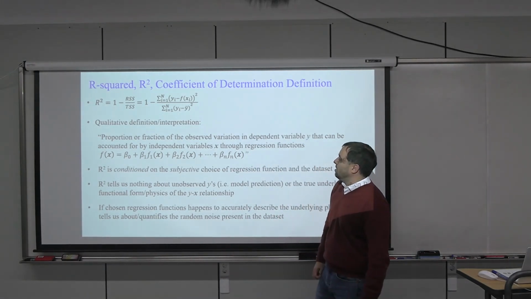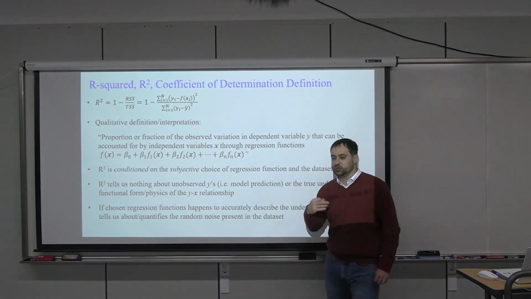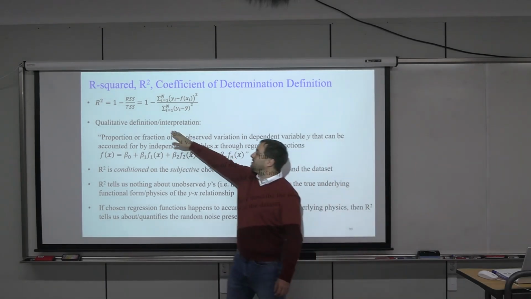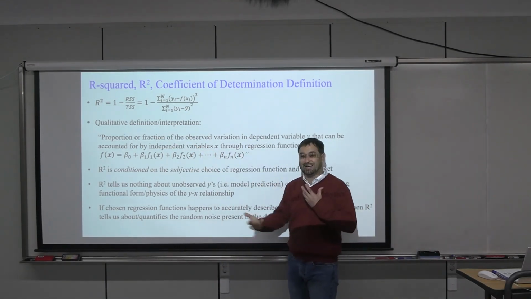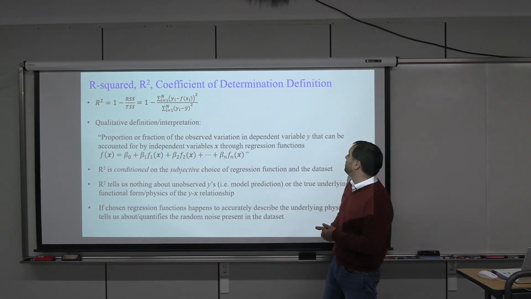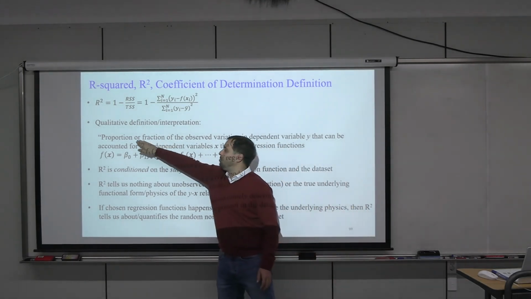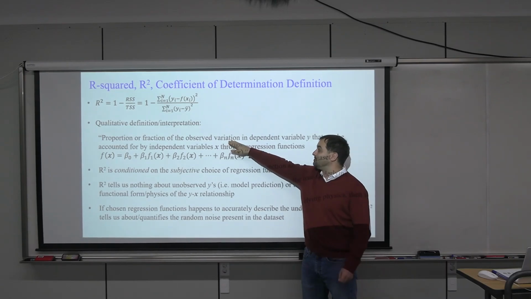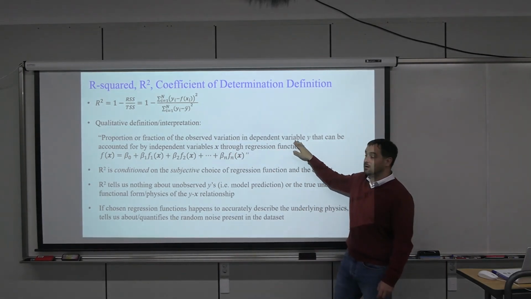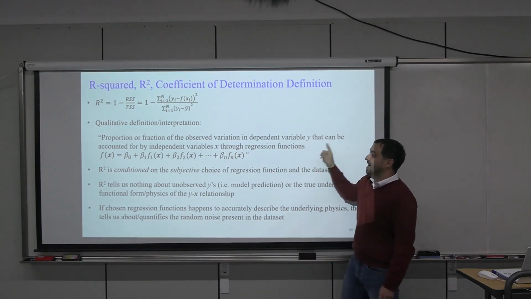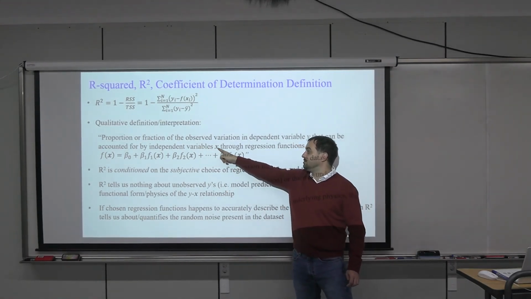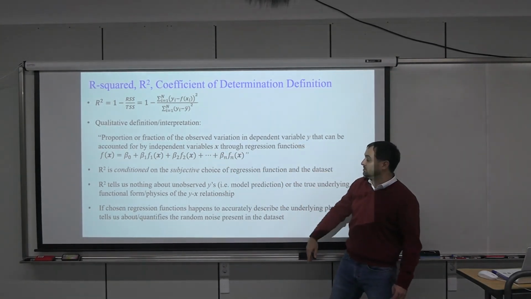And so if you go into the textbooks or some of the papers, you'll often see this qualitative definition or interpretation of R squared. R squared is the proportion or fraction of the observed variation in dependent variable y that can be accounted for or explained by the independent variables x through the regression functions.